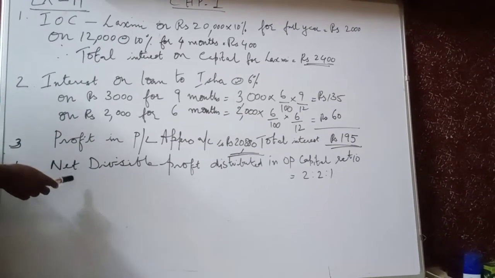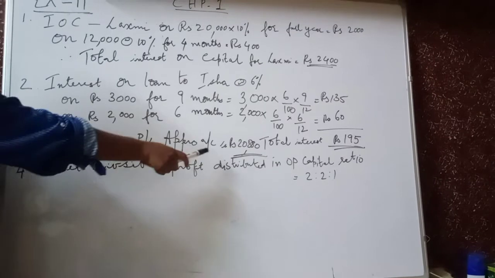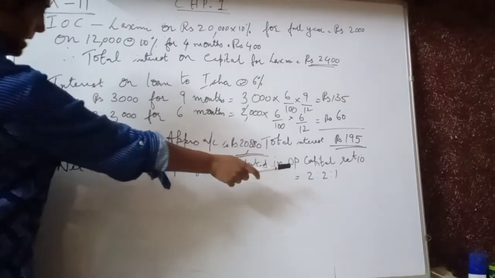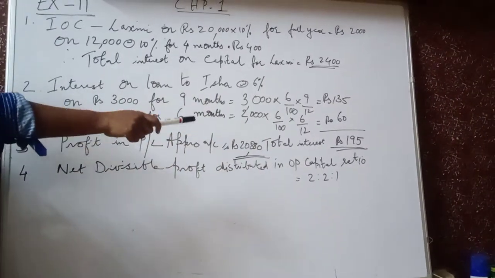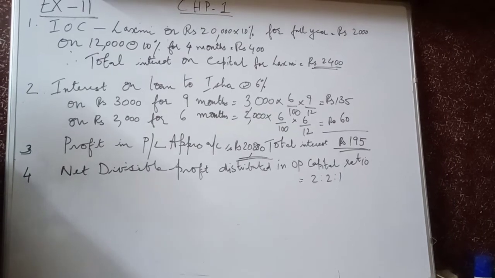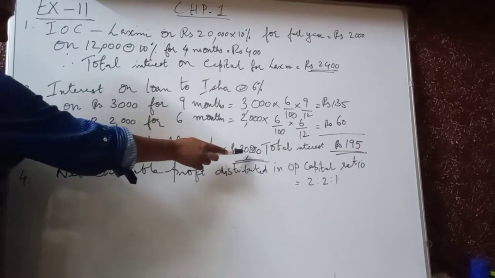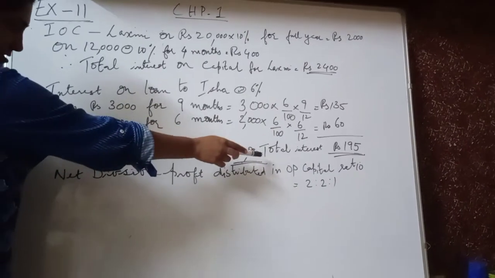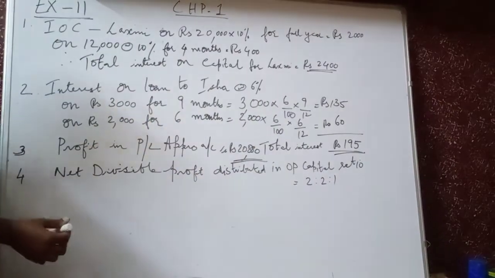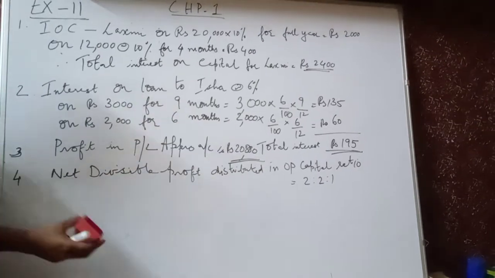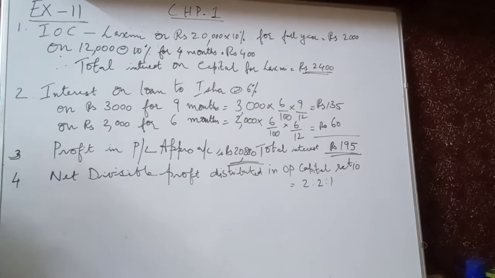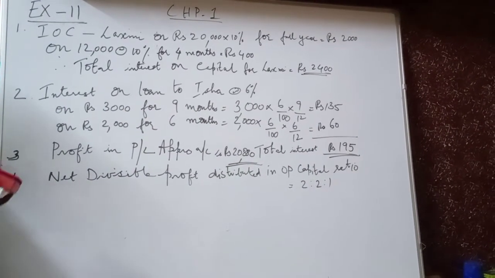So here whatever will be the divisible profit, it will be distributed to the partners in the ratio of opening capital, that is 2:2:1, and the profit in the P&L appropriation account comes to rupees 20,880. Let us now prepare the profit and loss appropriation account, partners capital account and current account.